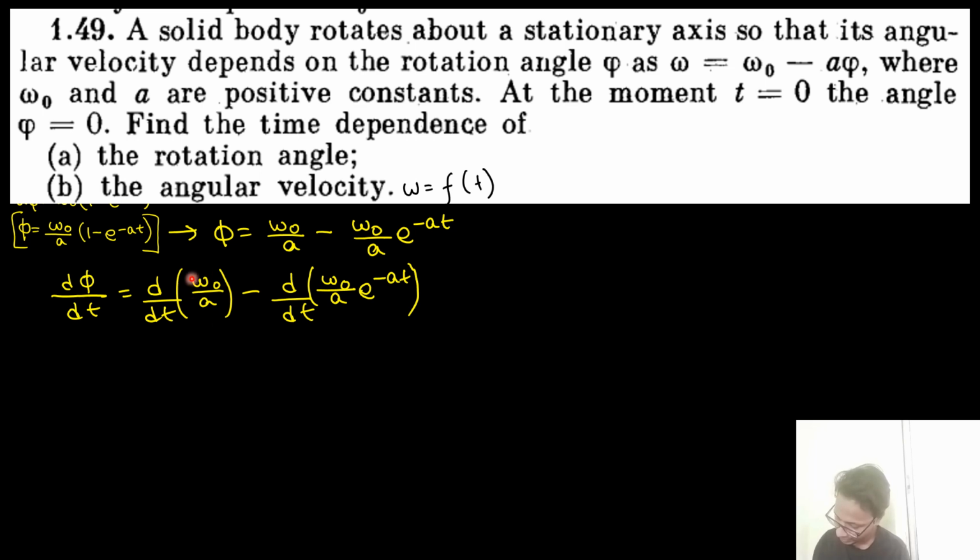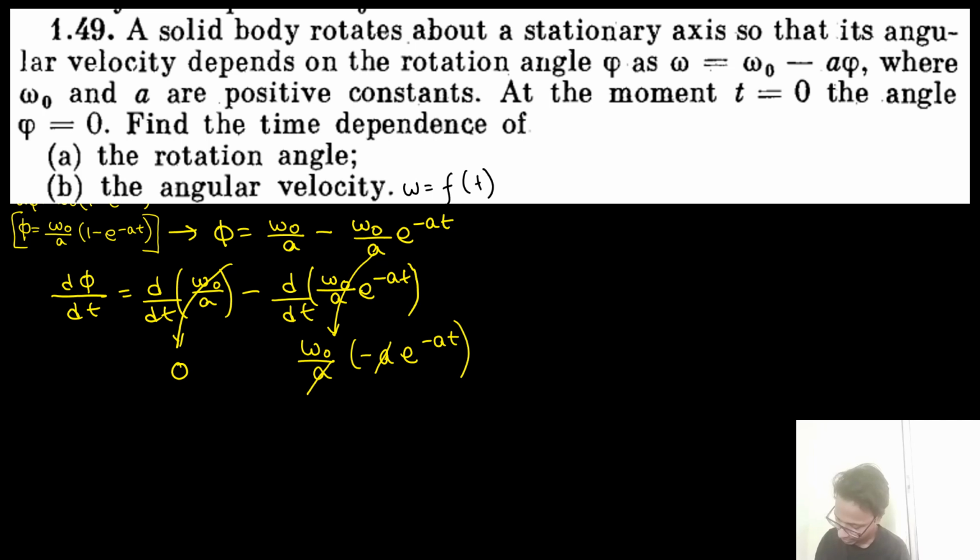This entire thing is a constant, so this entire differentiated would become 0. So this is nothing but 0. Okay, out here this is constant, and the differentiation of e to the power minus at would be minus a dt. So this would become omega naught by a into minus a e to the power minus a into t. This a and this a would get cancelled. This minus and this minus would become positive.